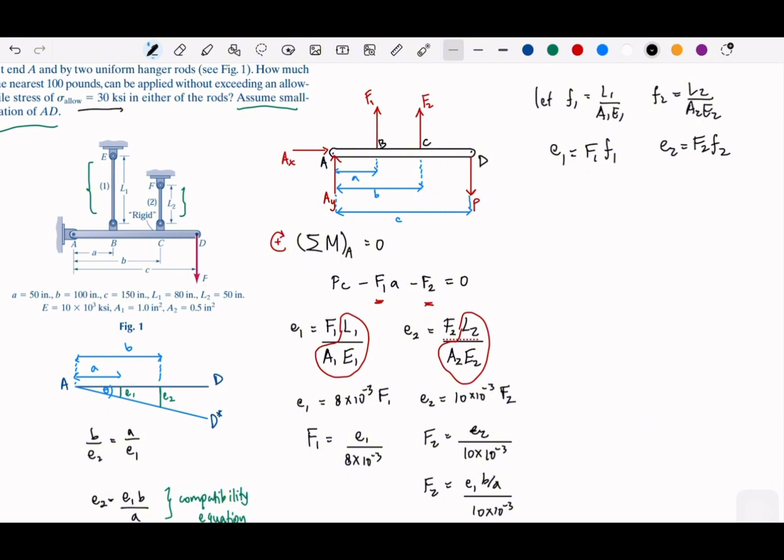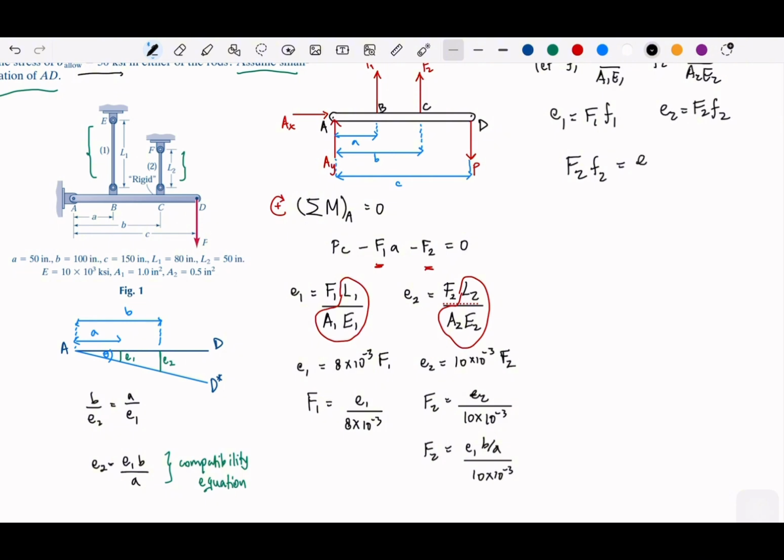And then basically we get that F2 will be, we exchange the E2 with E1 B over A, so this will be F1 B over A. Okay, so this is the second equation that we are going to take.